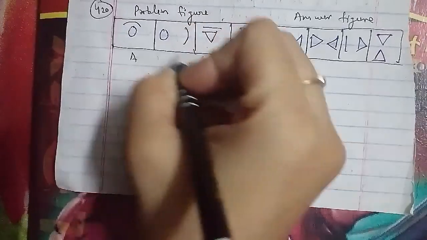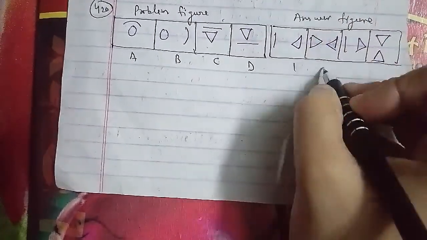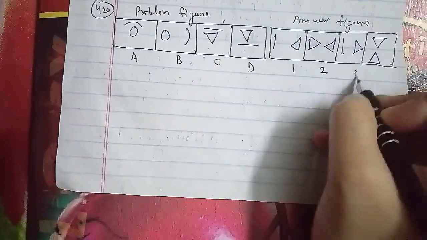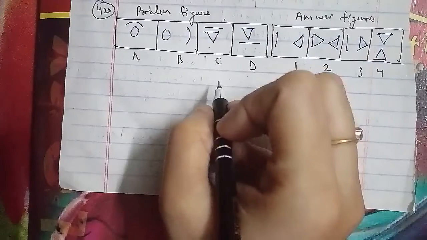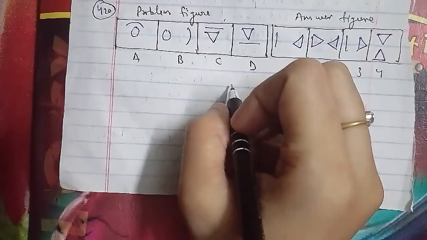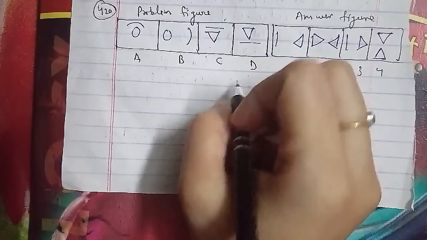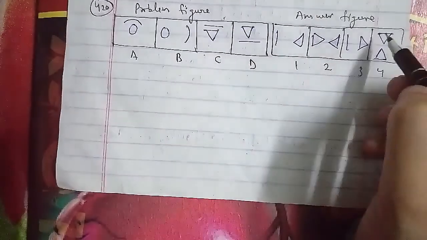In this, the upper figure moves to the next side of the enclosing square in a clockwise direction, while the lower figure moves to the next side in an anti-clockwise direction. So we can say that the fifth figure will be the right answer for this question here.